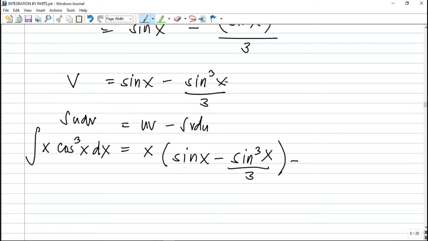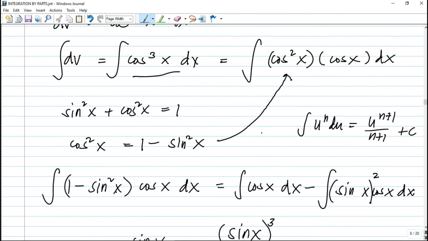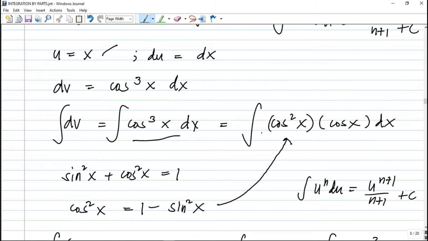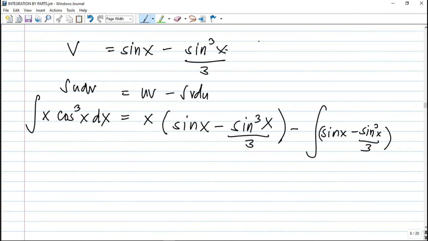Then we have integral of v du. V natin is sine x minus sine cube x over 3. Then du natin, what is du from our substitution? du equals dx. Ayan, let's just substitute and we integrate again for that right side integration.